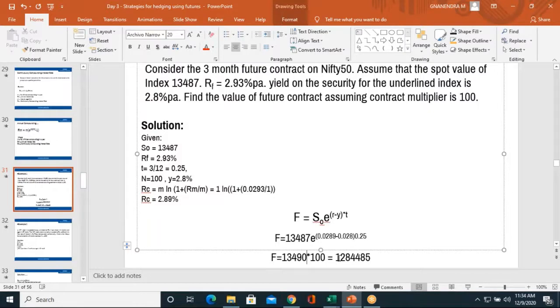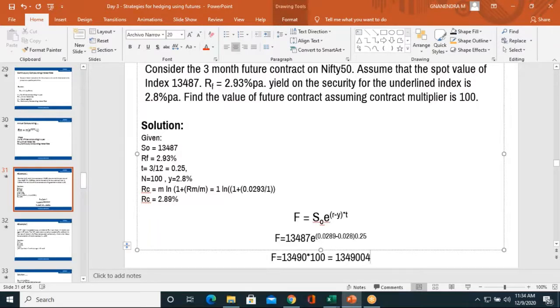So we can take a long position over here because the price is higher. The future value of the lot size, with contract multiplier 100, at the index value of 13,490, is 13,49,000 rupees.